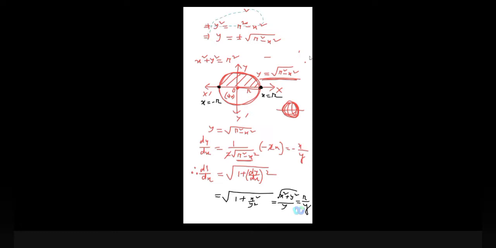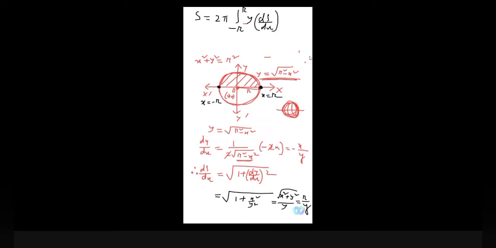Our answer should be 4 pi r square. Let's see if it comes. Therefore, the total surface area formula we had written is twice pi integration from minus r to r of y ds by dx.